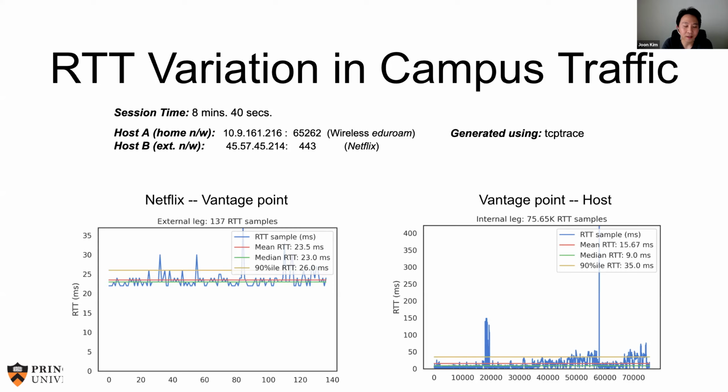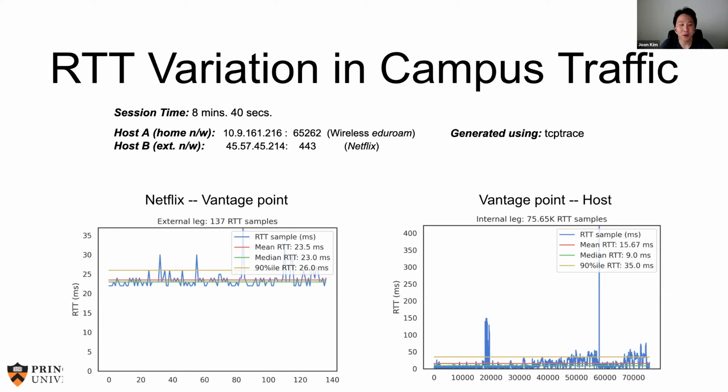The left graph is the leg between Netflix and the vantage point we have on the campus. So it's measuring from the vantage point at Princeton to Netflix on the internet. The right one is the measurement from the vantage point in our campus to the internal host in our campus.